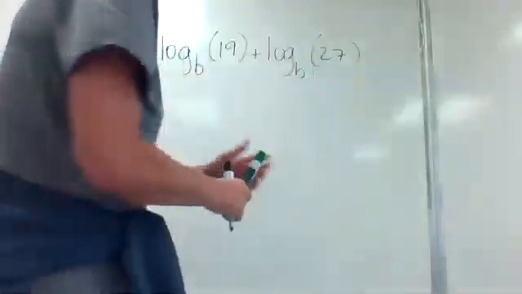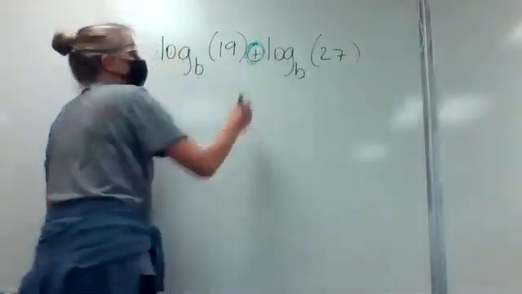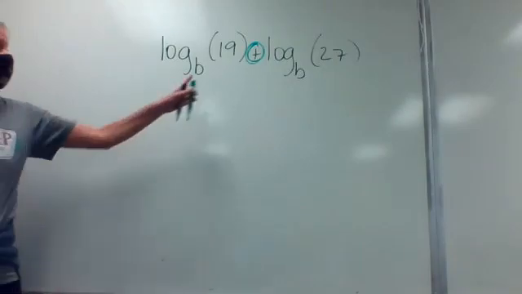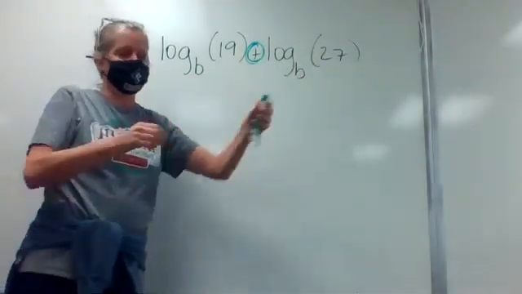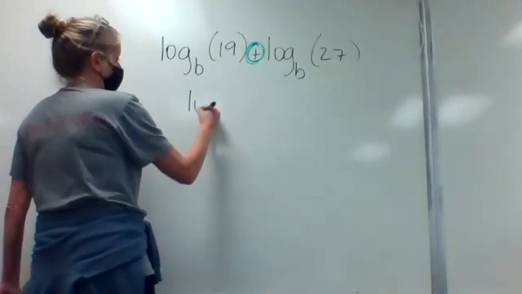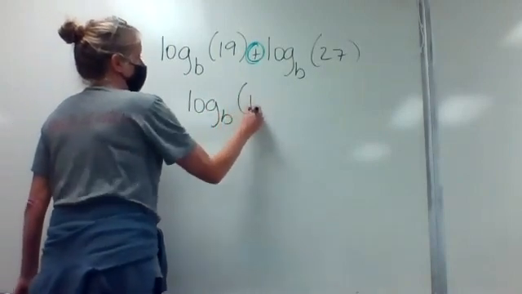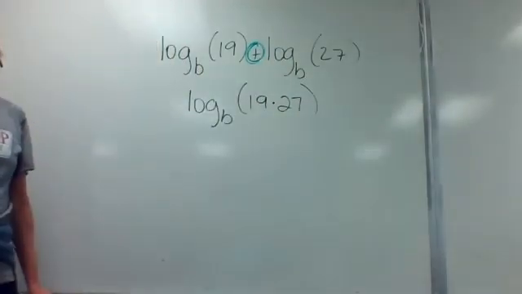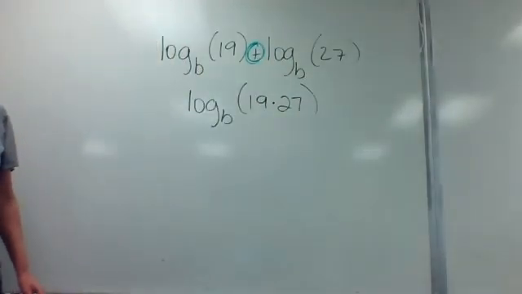That means you can turn it into a single logarithm and multiply those numbers together. So I'm going to have log base B of 19 times 27. And then just multiply that 19 and 27 together.